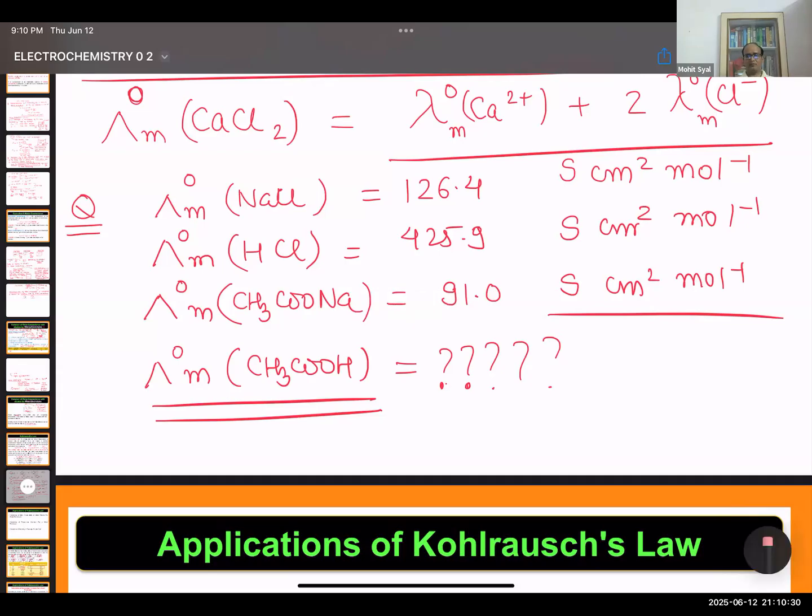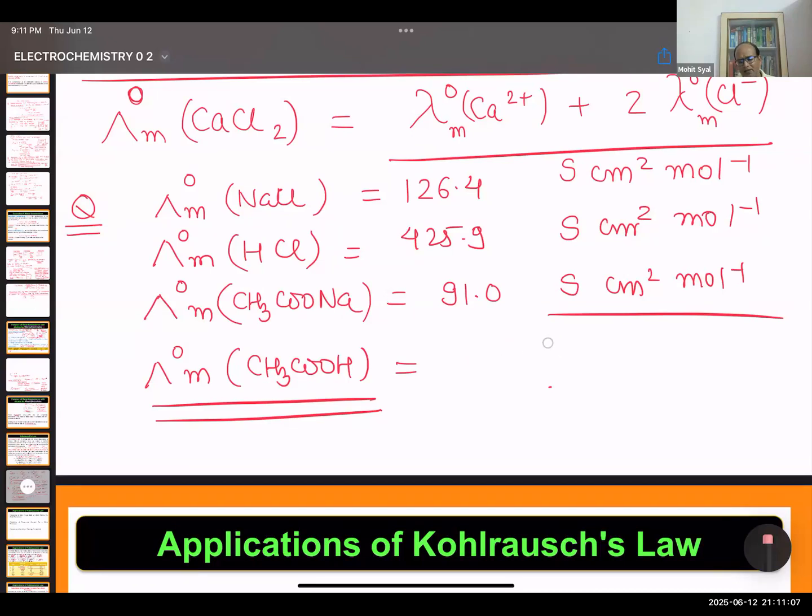So as I told you, at infinite dilution, all ions are completely separated. And you are going to treat these compounds as combination of ions. And you are going to make an expression by adding and subtracting the molar ionic conductivity of these compounds, such that you are left with only H plus ion and acetate ion. Okay, so how can we get acetic acid?